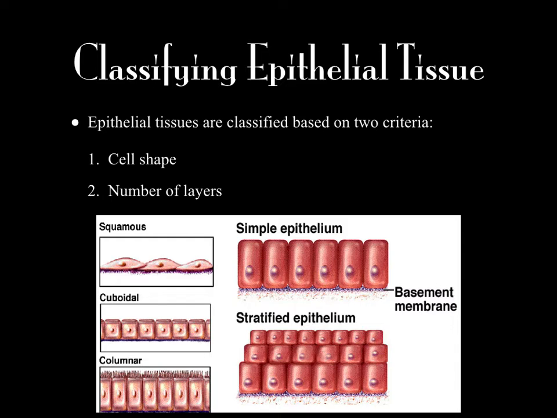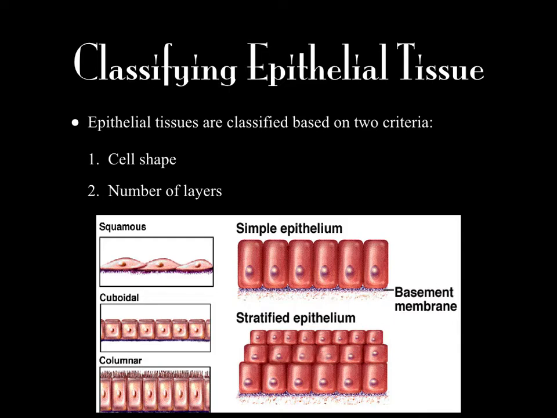So, for example, if you have a squamous cell, the shape of the nucleus will be flat. If you have a cube-shaped cell, the shape of the nucleus will be spherical. And if you have a columnar cell, the nucleus will have more of an elongated oval shape. So again, the shape of the nucleus will help you to identify the shape of the cell that comprises a particular tissue.